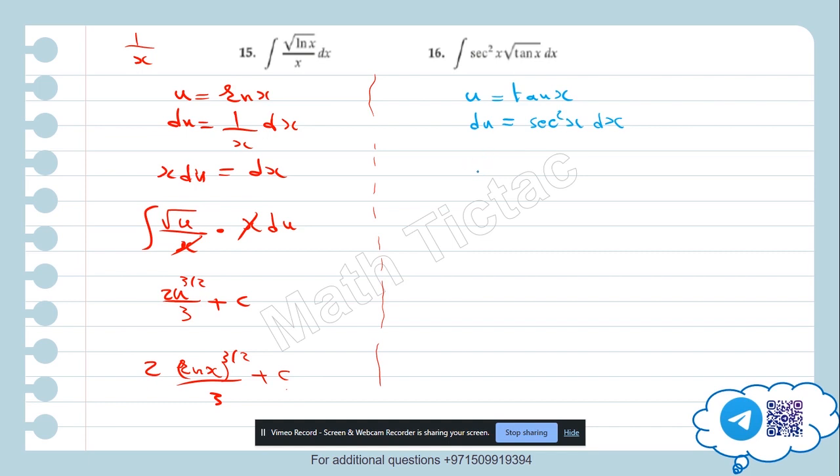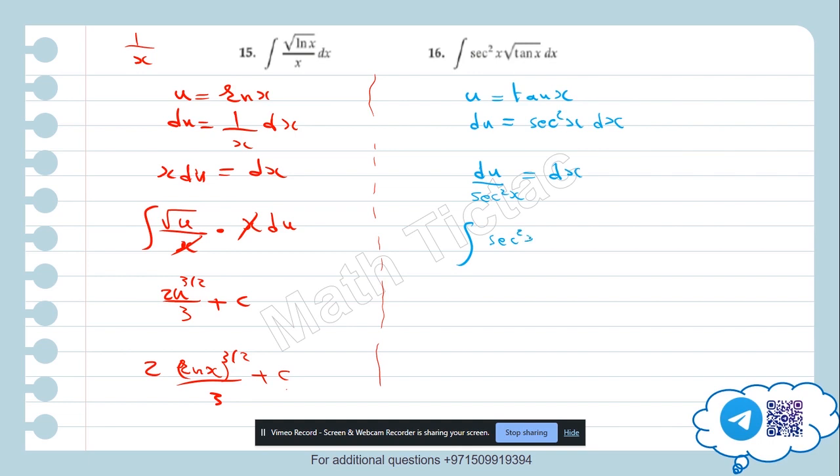So now du over sec square x is equal to dx. Okay, so now I'll start my substitution.